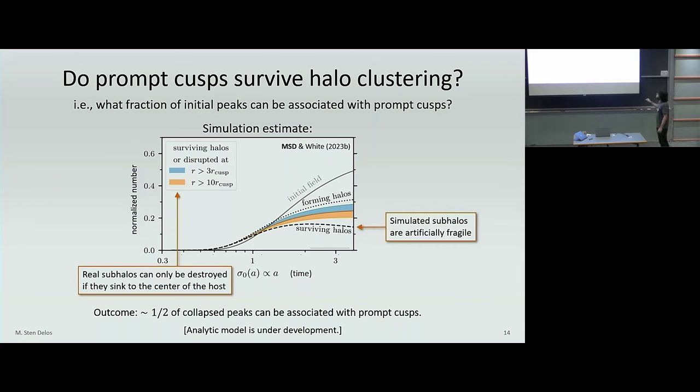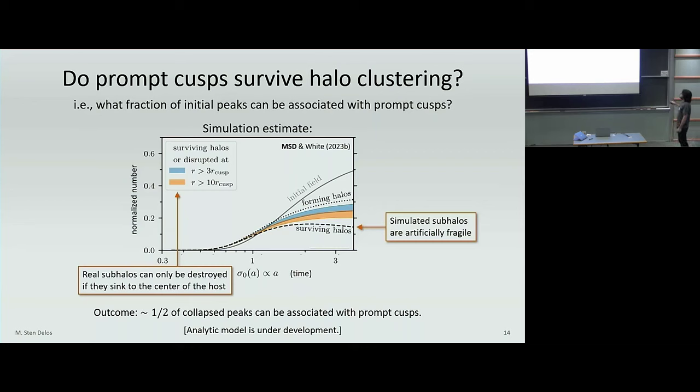This is essentially the number of prompt cusps as a function of time. This solid curve is what you get if you look at the number of peaks that are predicted to collapse. The dotted one is the number of peaks that actually do collapse, and the difference is because some peaks fall into already existing halos before they can themselves collapse. And then the dashed line is what actually survives.